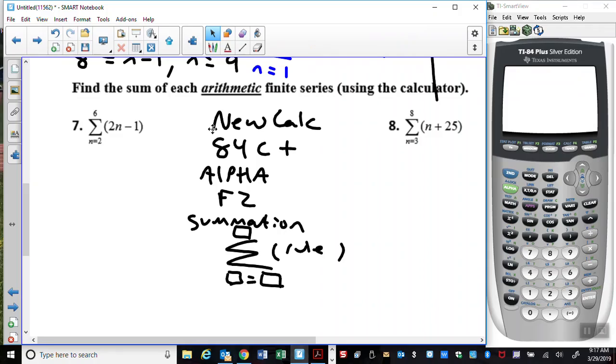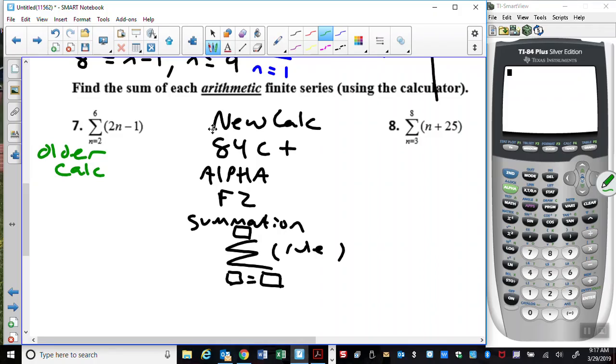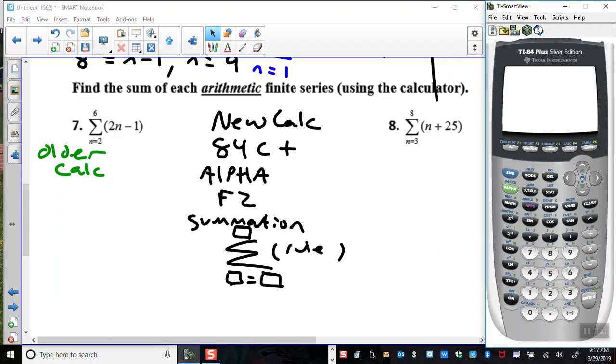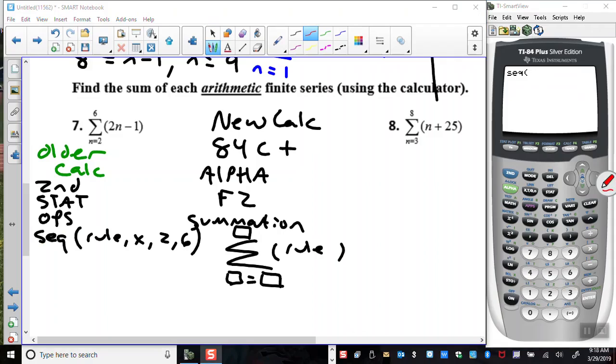The older calc, you need to find the sequence first. So to do that, you press the second button, you press the stat button, so second list, go over to ops, select sequence. You've got to type your rule in. The rule here is 2n minus 1.